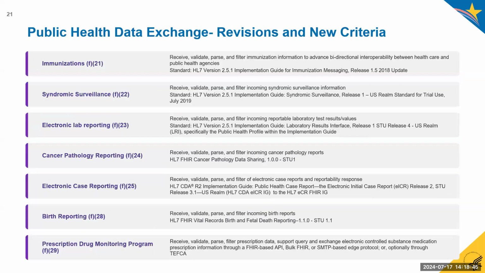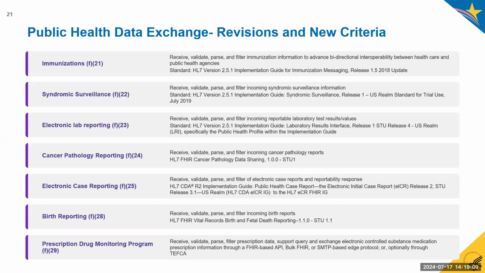On the next slide, you can see the new suite of receipt, validate, parse, and filter criteria. These are corresponding with the F1 through F9 program criteria. So you can see here we have one for immunizations, syndromic surveillance, electronic lab reporting, cancer pathology reporting, electronic case reporting, birth reporting, and prescription drug monitoring program.